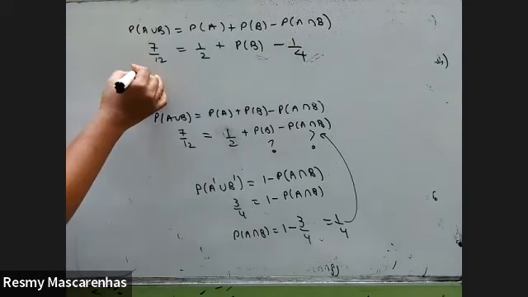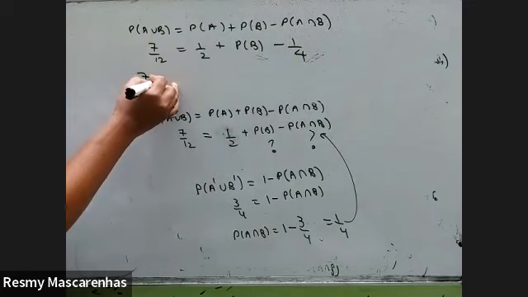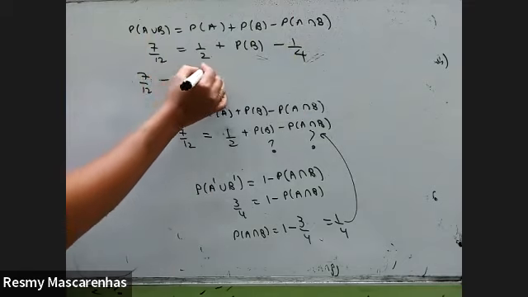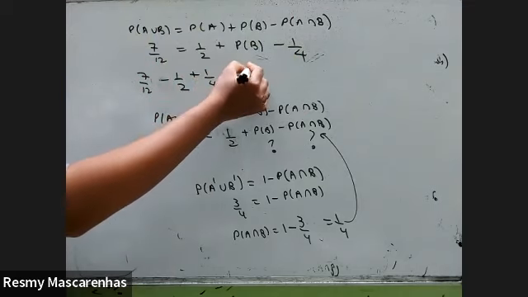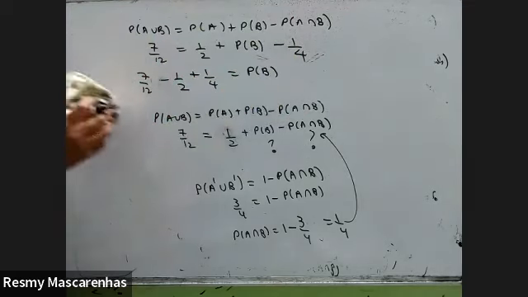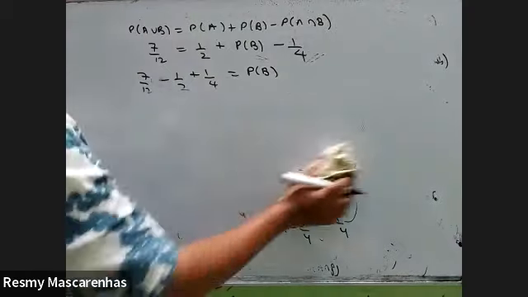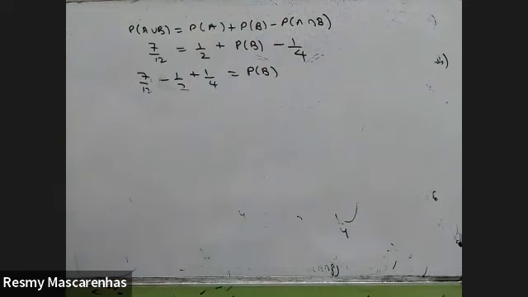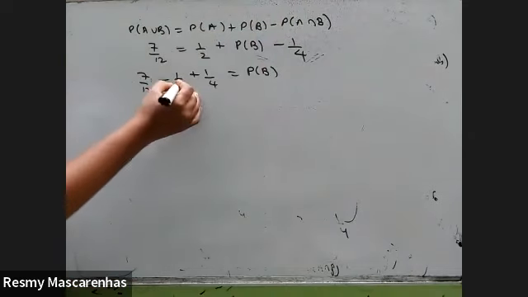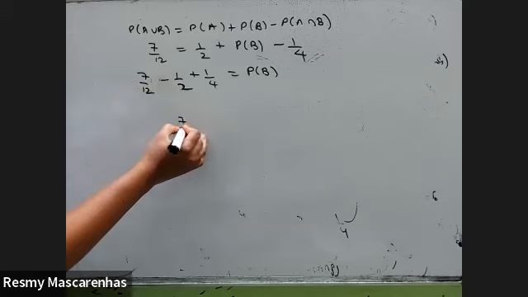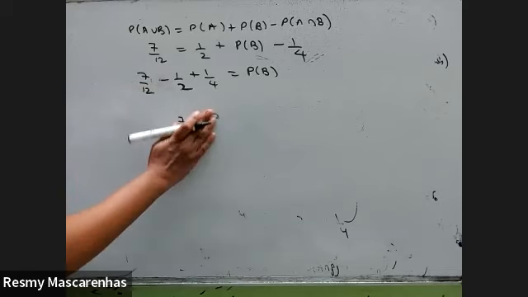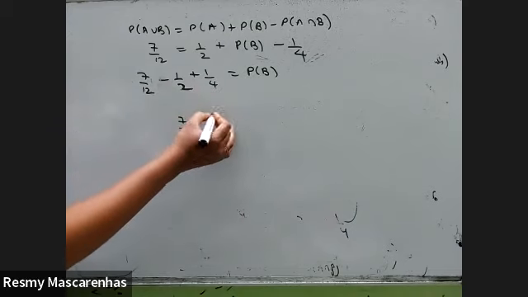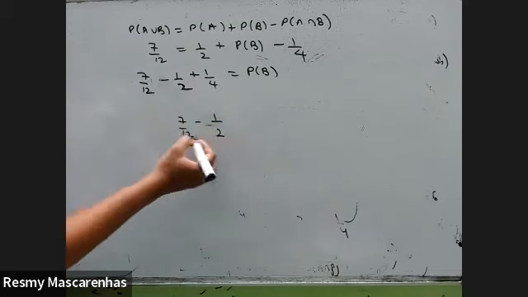Take everything on one side. P of B I have to calculate, so I brought this term this side. Now again, that's the LCM method only you can use. Now the biggest number is 12, so I'll try to write everything in terms of 12, the common number.